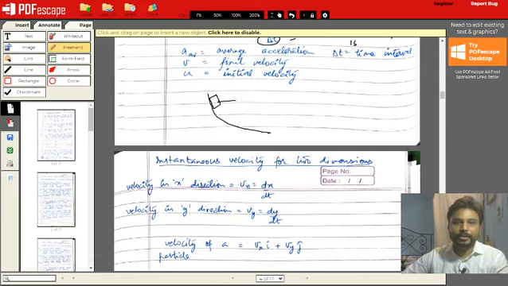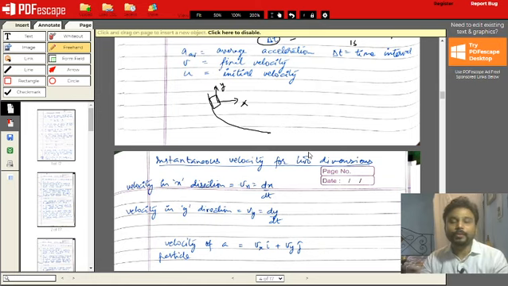Let's say this direction is x, and this direction is y. Then we can imagine that the velocity of the block in the x direction and y direction would have different values. So this is a case of motion of a block in two directions, or when the velocity of a particle is in two directions.